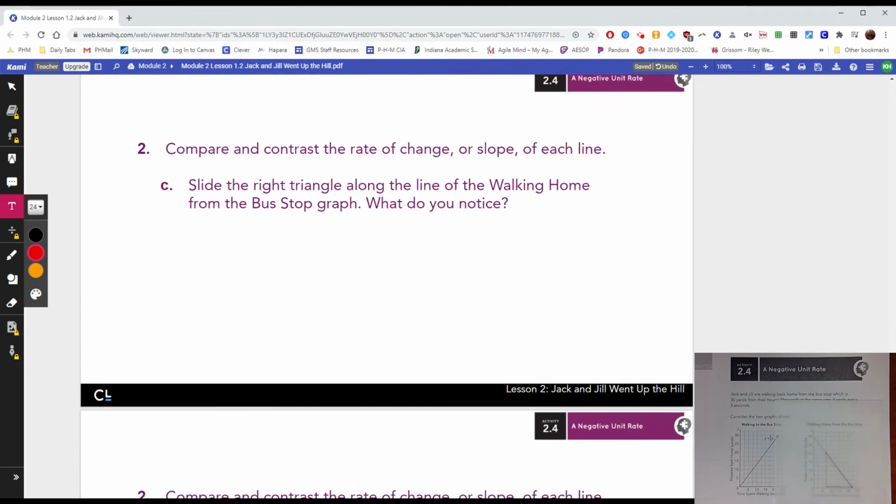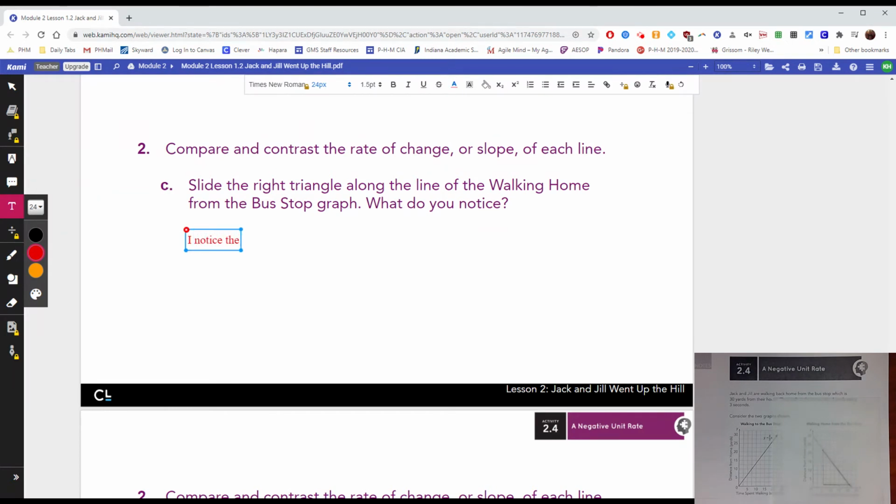All right. Part C, slide the right triangle along the line of the walking home from the bus stop graph. So kind of like we did in activity 2.2, I believe. If we slide it, it looks like between any 2 points, this triangle has the same slope. So the unit rate that this represents, or the slope that it represents, remains constant.